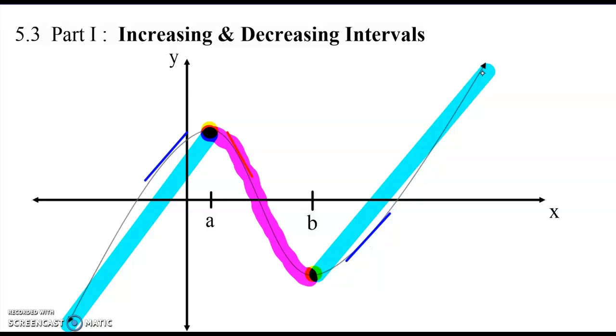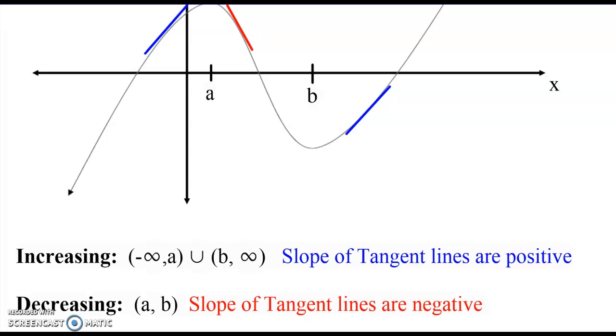So we're going to see today how the first derivative tells us where the function is increasing and decreasing. This is how we write it in open interval form. We can see here that it's increasing from negative infinity all the way to a, or it's increasing from b all the way to positive infinity, where the slope of the tangent lines are positive.